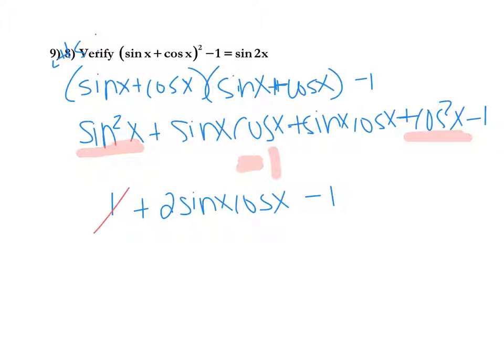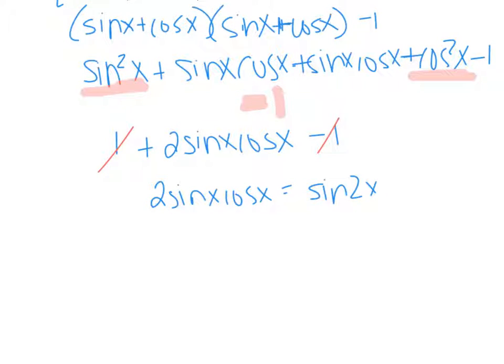The 1's are going to cancel, and I'm left with 2 sine x cosine x, which is what the double angle identity is for sine. So sine 2x equals sine 2x.